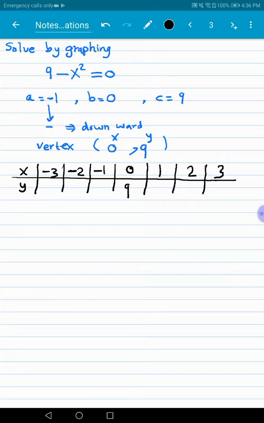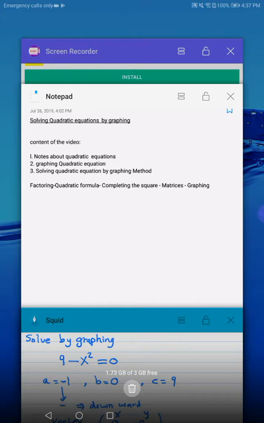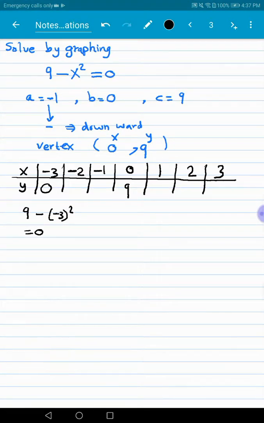Let's find the y by replacing in the equation. Replace the minus 3: 9 minus minus 3 squared. Simplify it, it will be 0. The minus 2: 9 minus minus 2 squared. Simplify it, it becomes 5.